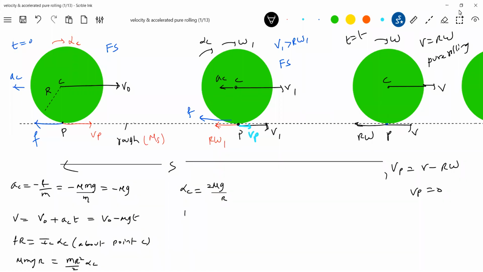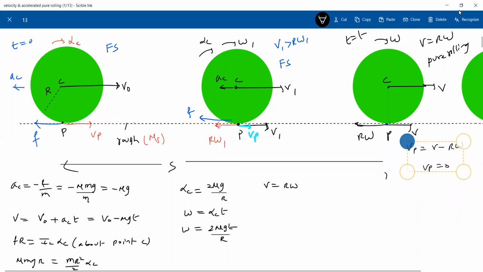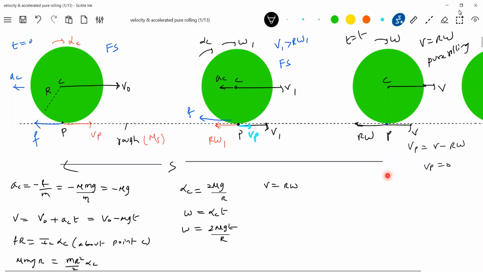Then what is the angular velocity? Finally, when it attains pure rolling, omega should be equal to alpha_C t, because only the linear velocity is given. So this should become 2 mu g t by R. For pure rolling, what is the basic necessary condition? V should be equal to R omega.